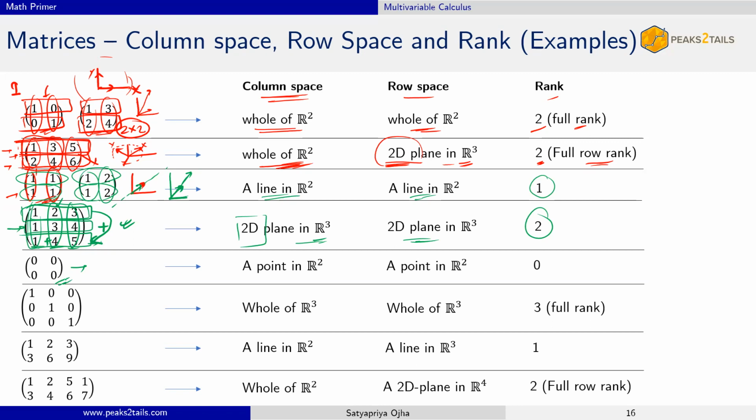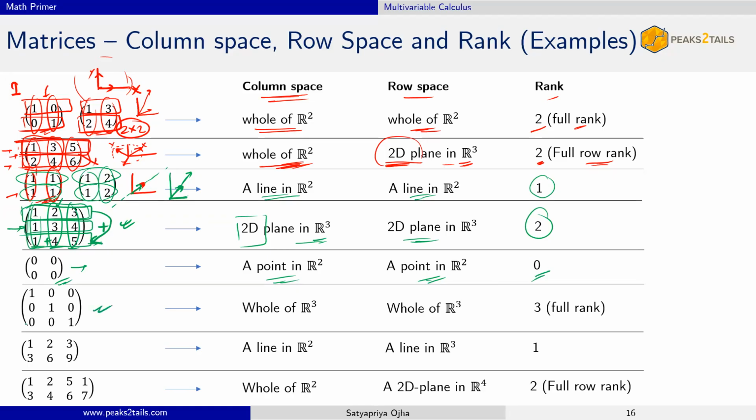Adding zero vectors together will still be zero. So you will never leave the origin. The space that you are able to span is just a point, which is the origin. A point in R square. It's a zero rank matrix, because it's just a point.